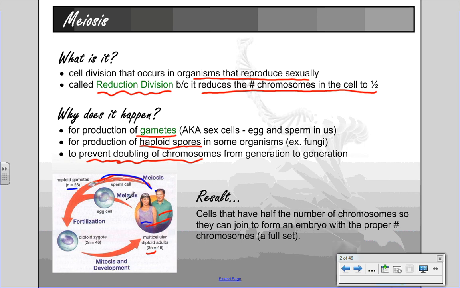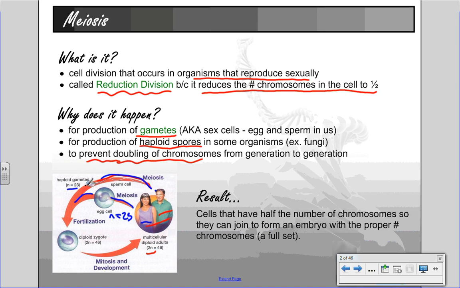Meanwhile, in the woman, in her ovary, some of the cells will undergo meiosis in order to make a haploid egg cell. So it would also have half the number of chromosomes. That's why we say they're haploid. So in our egg and sperm cells, they would have 23 chromosomes.